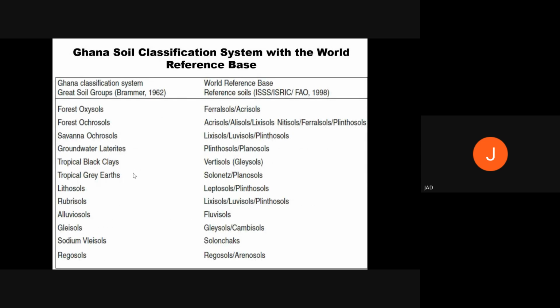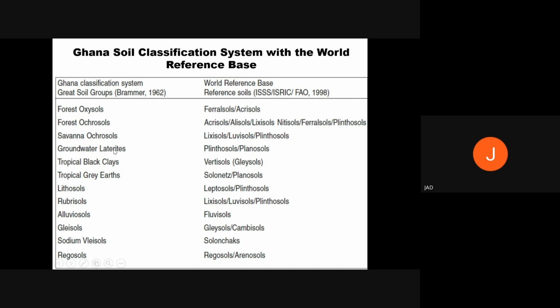So now let's look at the Ghana classification and compare that with the World Reference Base. When you see ferralsols or acrisols from the World Reference Base, we are referring to oxisols. So when you see something like lixisols, then you are also referring to acrisols. So lixisols can also refer to acrisols.